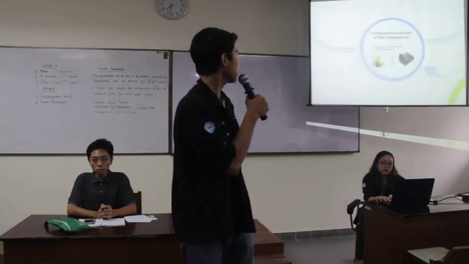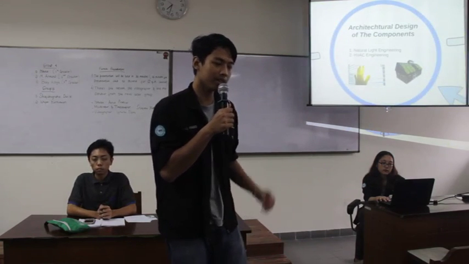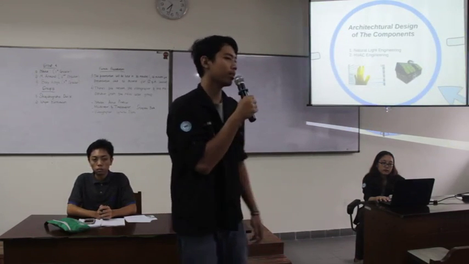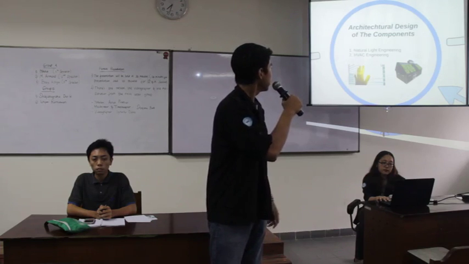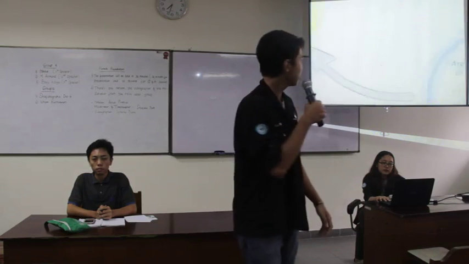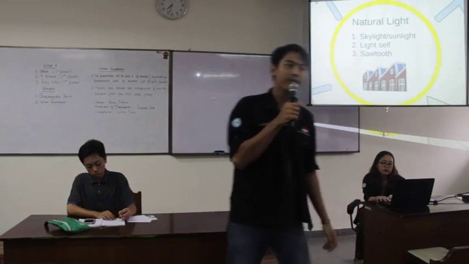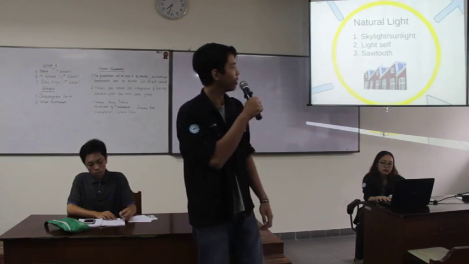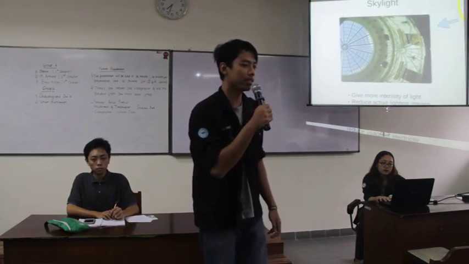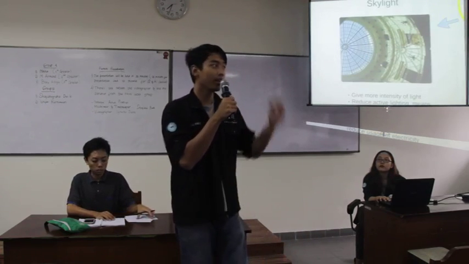Okay, next is the design of the building, and we start with natural light. Natural light is something we can modify through the skylight, the light shelf, and the sound. The skylight is the natural light which comes from the sun.